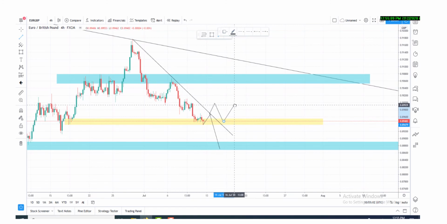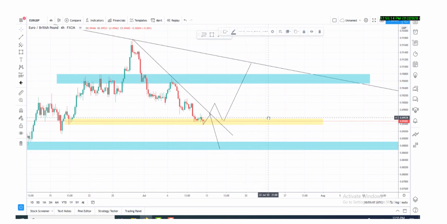If we break and retest, we go up here, and then we have a possibility to come to retest this trend line. So guys, that's all for this weekly market breakdown.